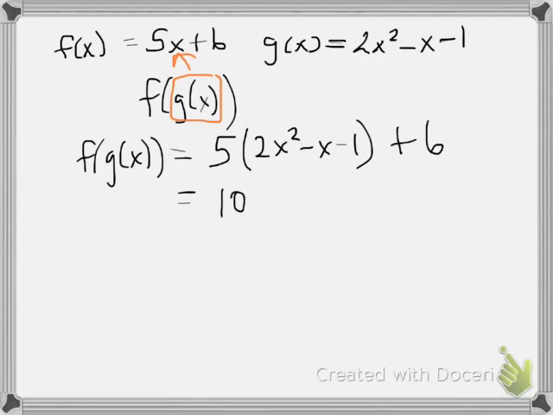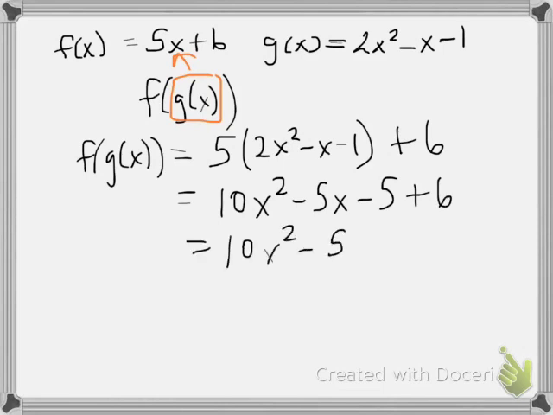I'm going to simplify 10x squared minus 5x minus 5 plus 6. And combining like terms, I get 10x squared minus 5x plus 1. This is my new function I get when I substitute g into my function f.